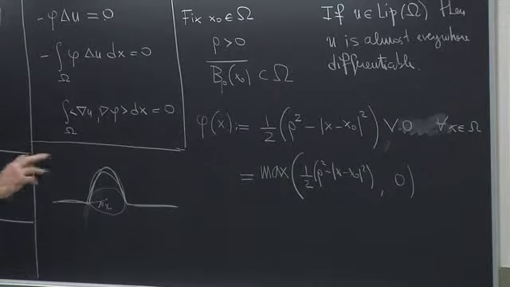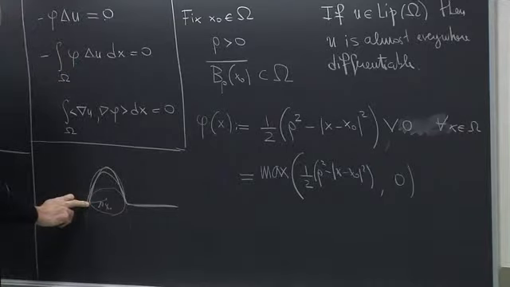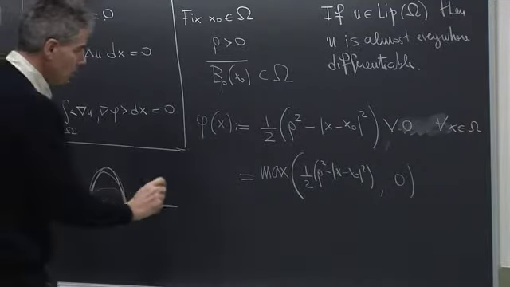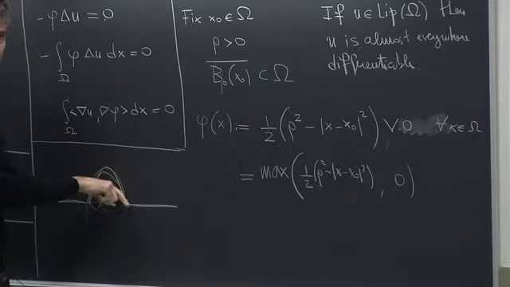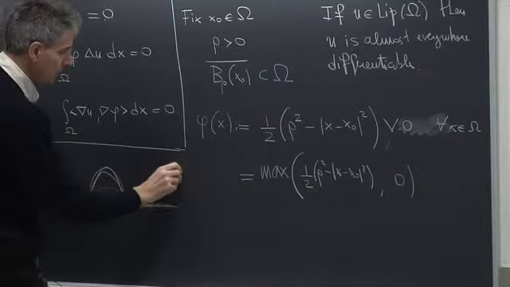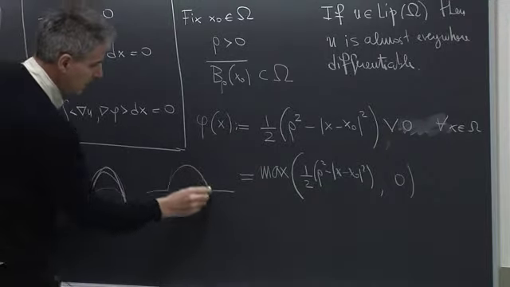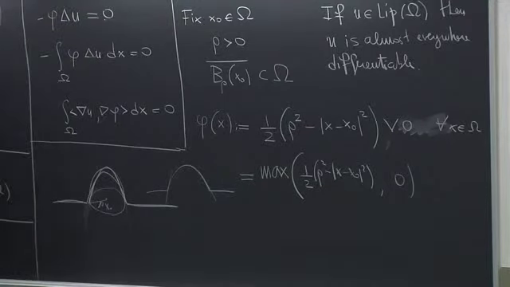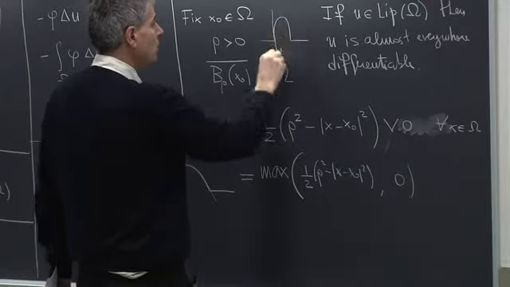Okay, so phi has compact support, and it is also Lipschitz. It is not C1, of course, but it is Lipschitz. Namely, what is true is that the slope of phi is finite. It is an object like this, and here the slope is finite. It does not happen in a situation like this, where the slope is infinite.